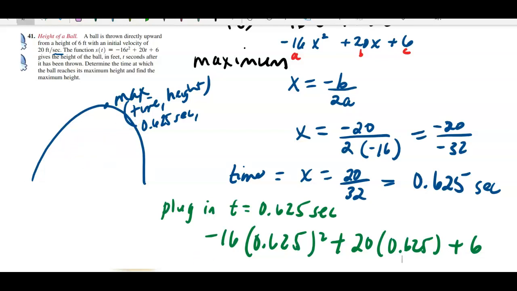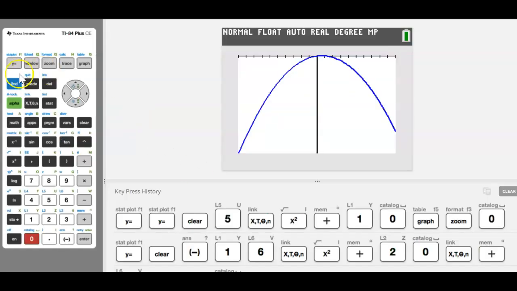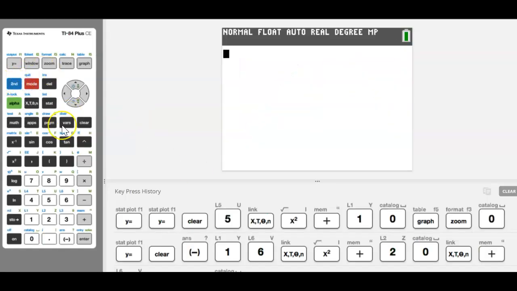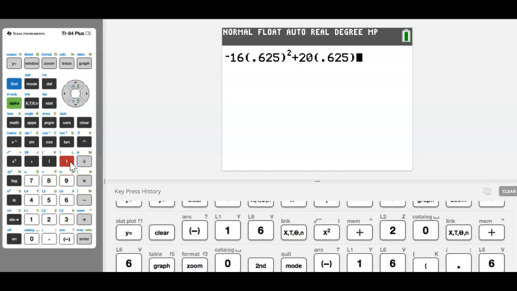And I'll bring up the calculator just to review with you how you can key this in. So I'm going to go back to the home screen. I'm going to show you a couple of things since we're looking at the calculator. So I'm just going to type it in the regular way that we would normally do to compute: negative 16 times 0.625 squared plus 20 times 0.625, and then we had a plus 6.